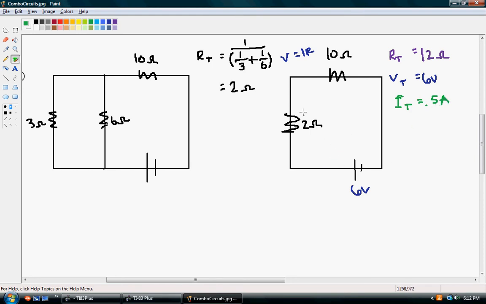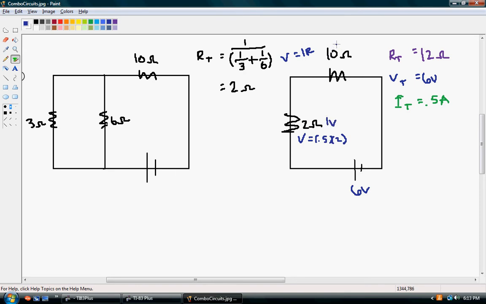Okay, so we know that this equivalent resistance and this resistor of 10 ohms have a current of 0.5 amps. We can go ahead and find the voltage used by each resistor, because it'll be equal to V equals IR. Since I is 0.5 and R is 2, this one uses 1 volt.